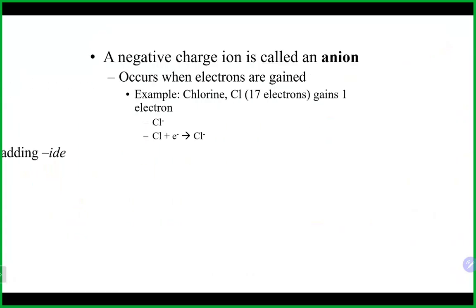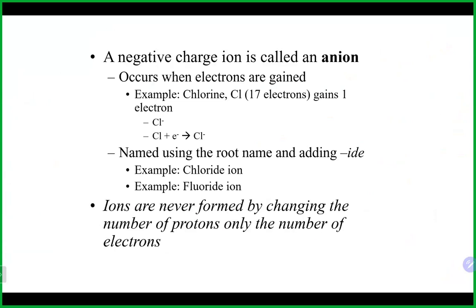Now, anions, as I talked about, work the same way, except that they are negatively charged. And again, we can represent that in an equation. Here, for example, chlorine plus an electron will give us the chloride ion. Here we actually see the electron on the reactant side, and that indicates that the chlorine is going to pick up the electron.